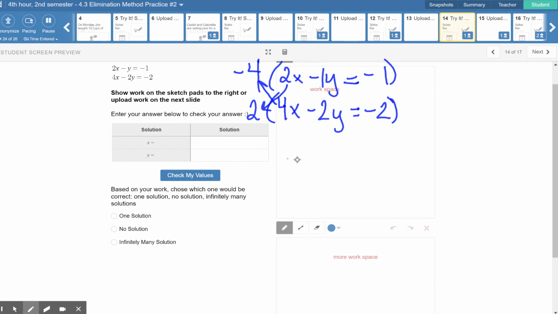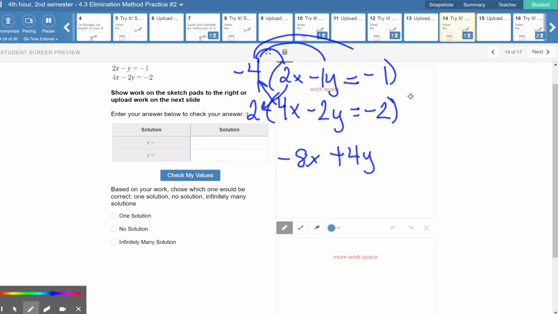So then we have negative 8x. And then we have negative 4 times negative y, which is a positive 4y. And negative times a negative is a positive 4.